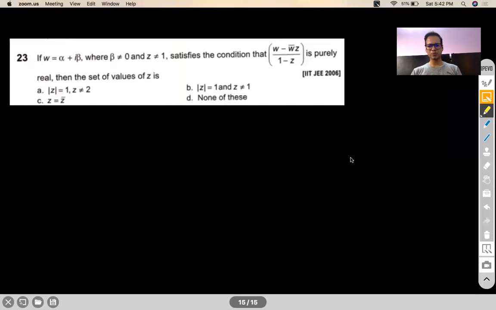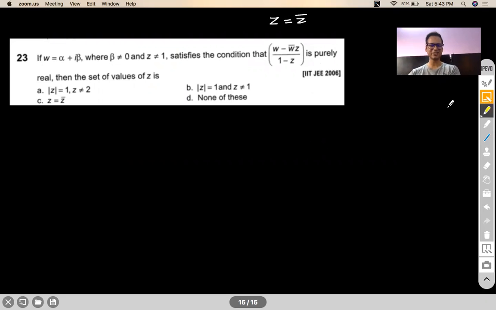All right. So very skewed response as of now. Please vote. Most of you have gone with option B. Let's check. See guys, when you read this word purely real, at least I am reminded of that conjugate property, where I said that if a complex number is purely real, then Z will be equal to its conjugate.